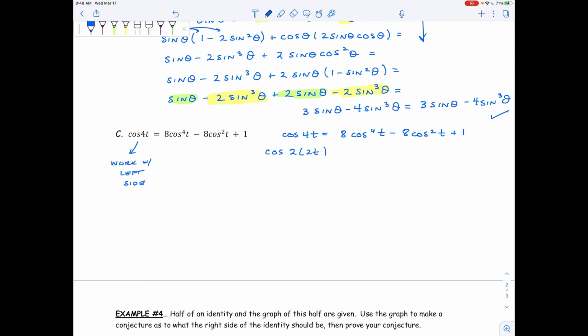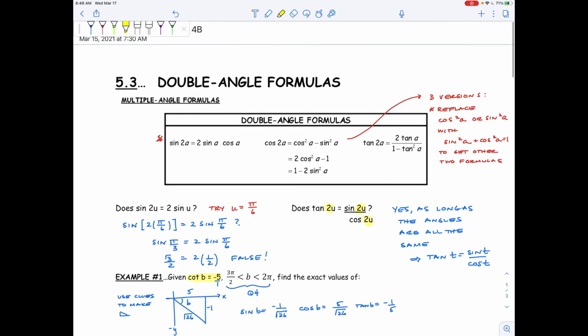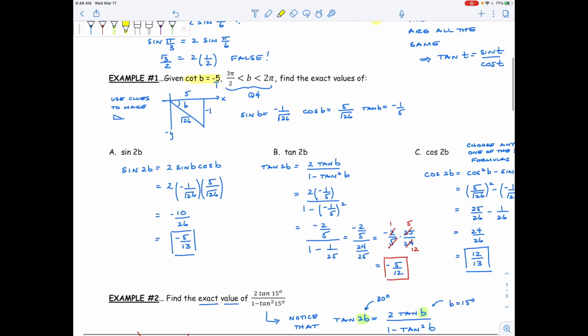And then I can put in my double angle formula, but remember my angle is going to be 2t rather than just t. So you look at your double angle formulas, and where you have these a's, you would just plug in a 2t and just chunk it together like that.